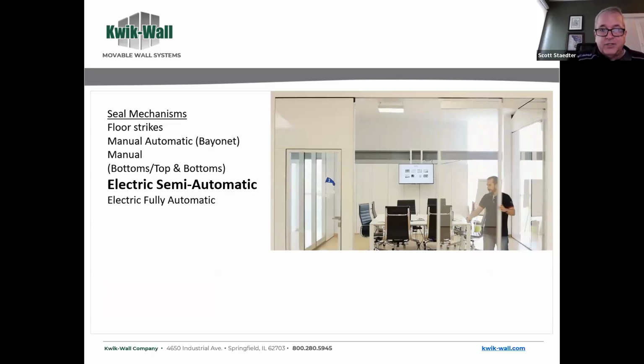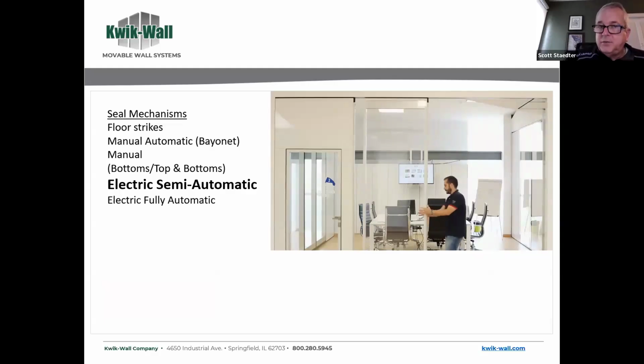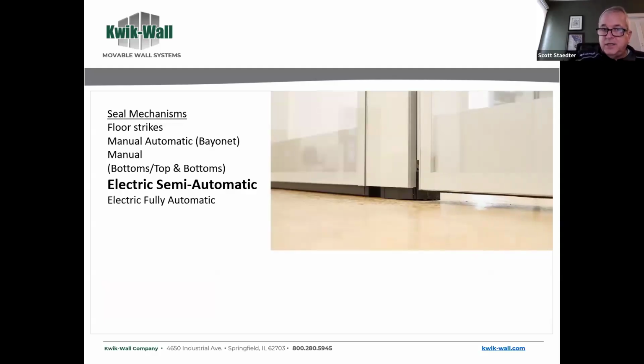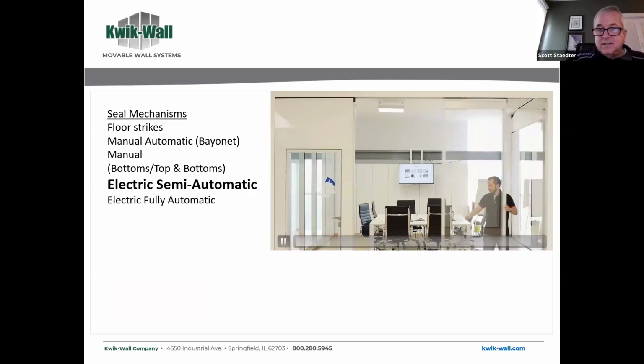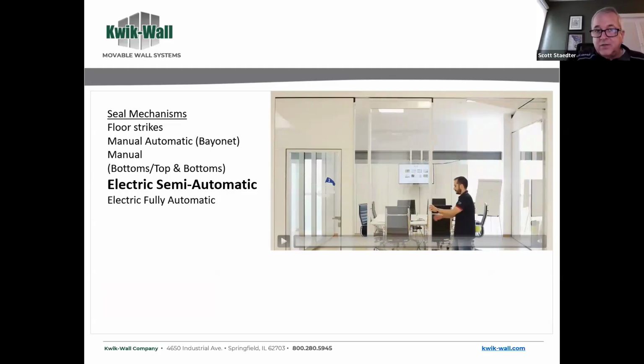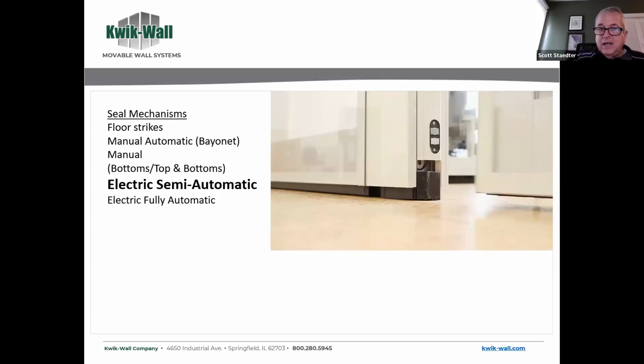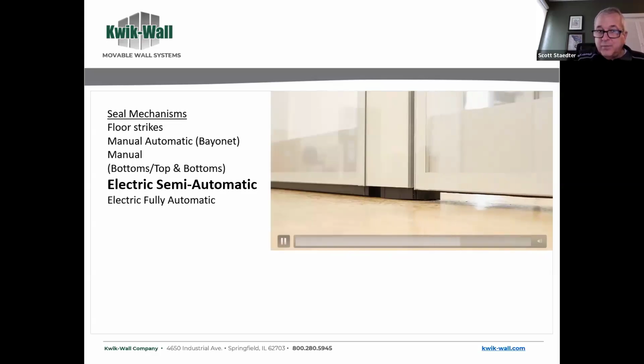So there's a quick little demonstration where you push the panel into the next panel, you see the connections, and then you see the seals automatically get driven down. So there's actuators inside the seal cavity or inside the panel cavity. You can see that up in here. They're inside there. And then as you drive, there's one in the bottom and the top, and they get that electrical connection and they drive down.